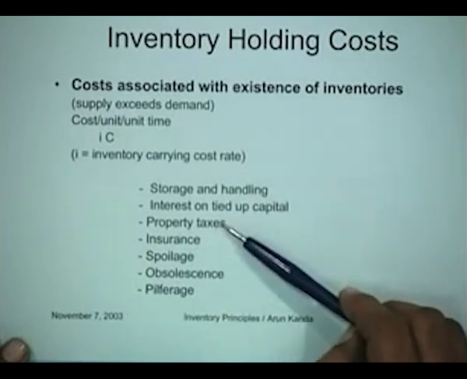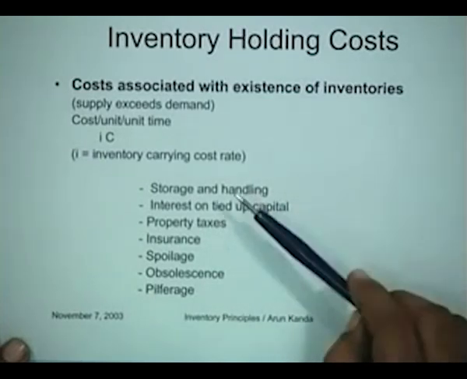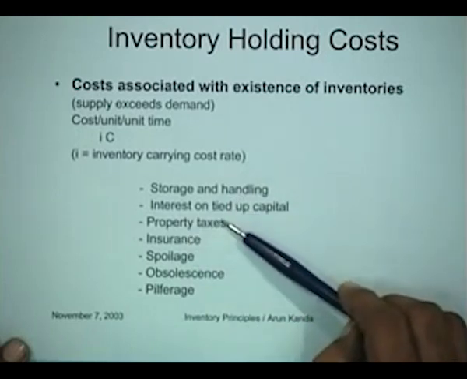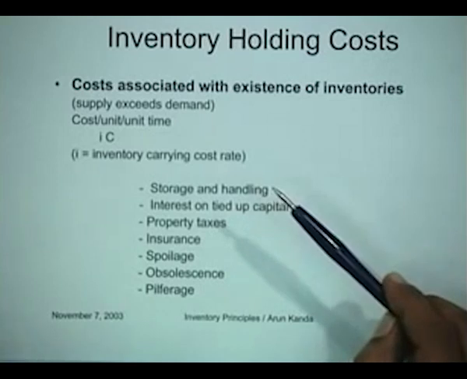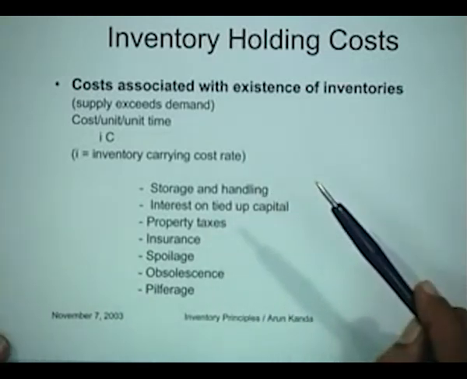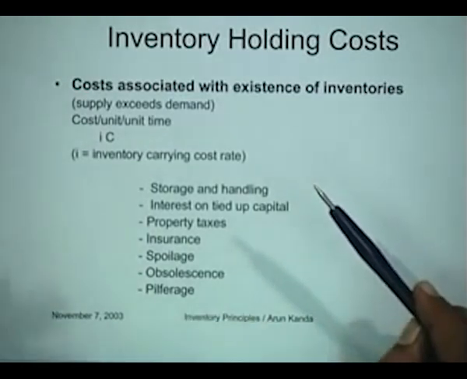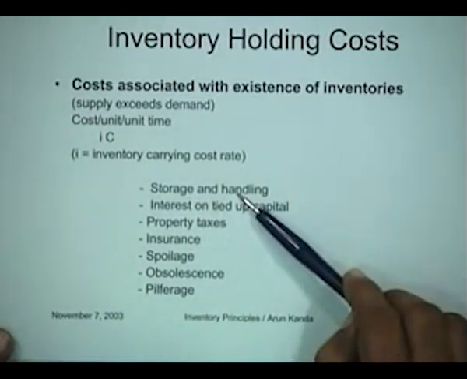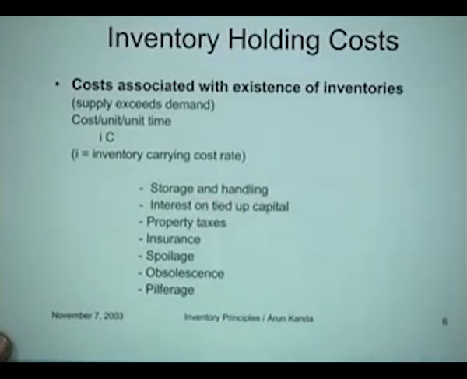Property taxes are the taxes you pay on the building that is there. It's like saying I stay in a house and I pay a property tax. Whatever I store inside the house is not a part of property taxes. I have decoration pieces and other things on the wall, and the storage and handling of those pieces is a separate cost. So same thing here. Okay.